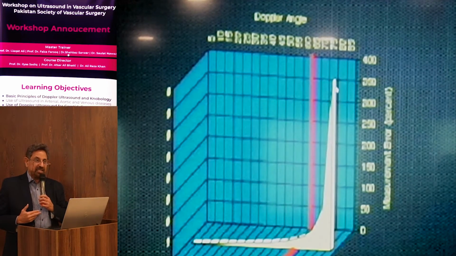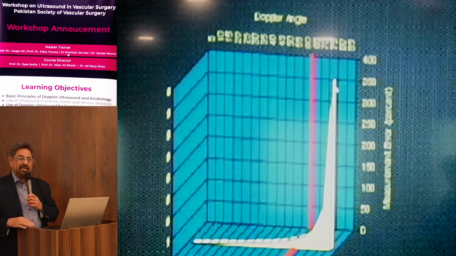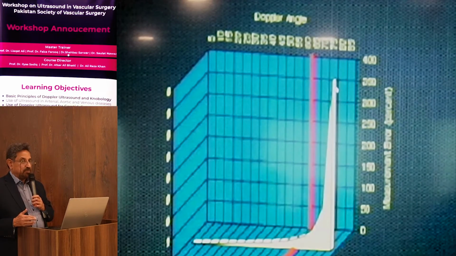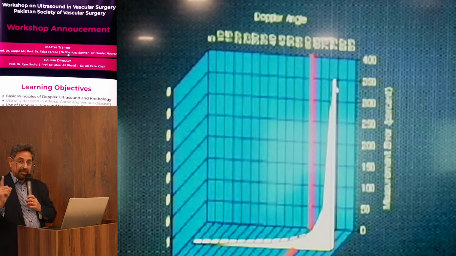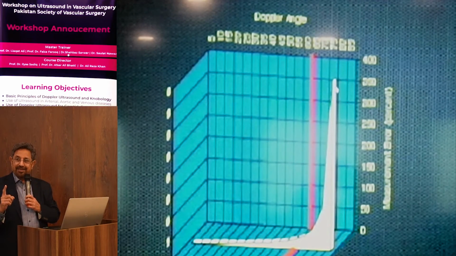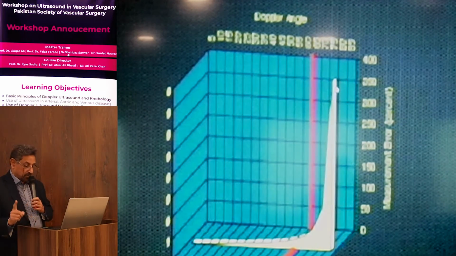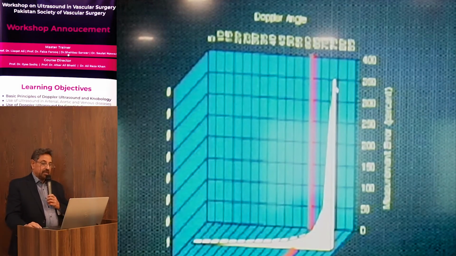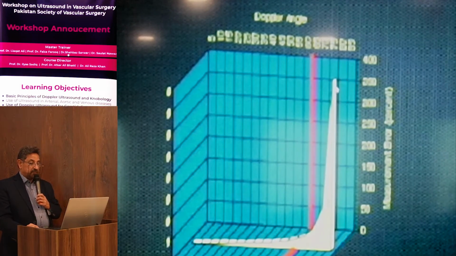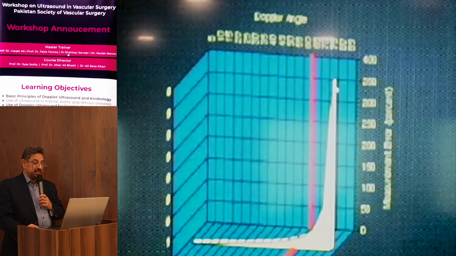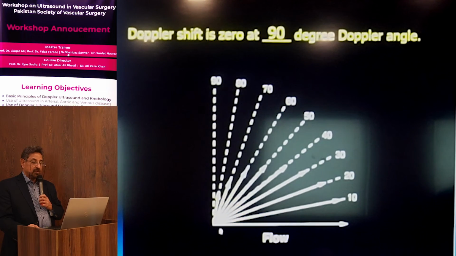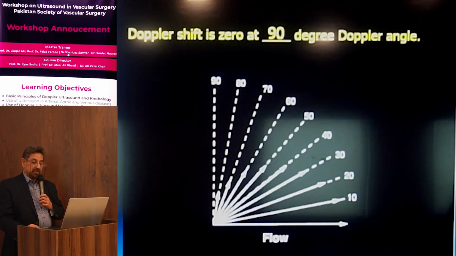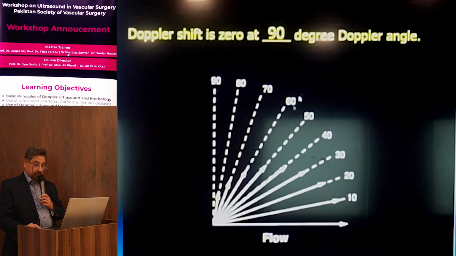I am saying the velocity is 35, you will say it's 90 because you scanned at a different angle. So angle is very important. I told you cos theta. If you forget cos theta, forget about ultrasound. Flow is seen well at 10, 20, 30, 40, 50, 60. From 70 to 90, there is a rocketing of error, and at 90 it is 0.